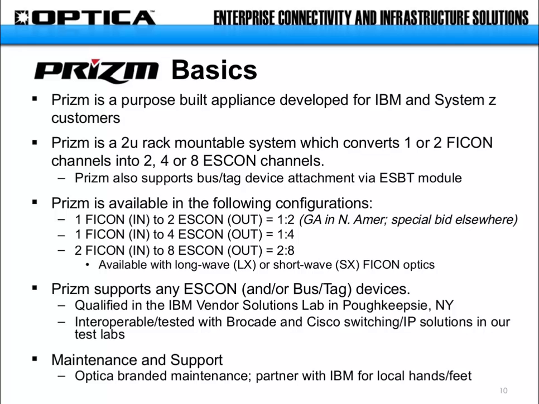So the 1x2 is brand new to help BC customers specifically with a lower entry point for smaller requirements. That will support 1 or 2 ESCON or bus and tag devices. And then again, 1x4 and 2x8, with 2x8 representing the largest configuration within a single Prism appliance. The Prism solution will ship with both long-wave and short-wave FICON optics, so we can accommodate either infrastructure that you may have.